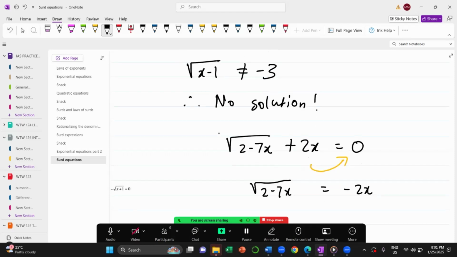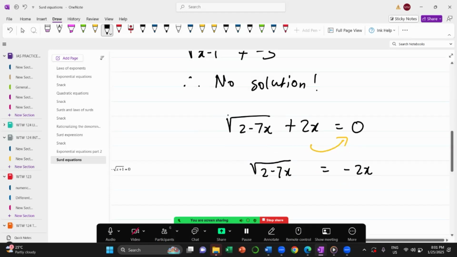And please tell me, this side, is it a natural number? Is it an answer? Is it a value? Is it a real value? Or is it just a variable? It's a variable. It's not a real value, it's not 3, it's not 2, it's not 5.